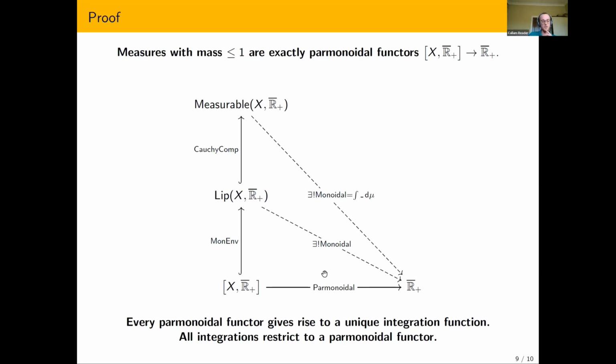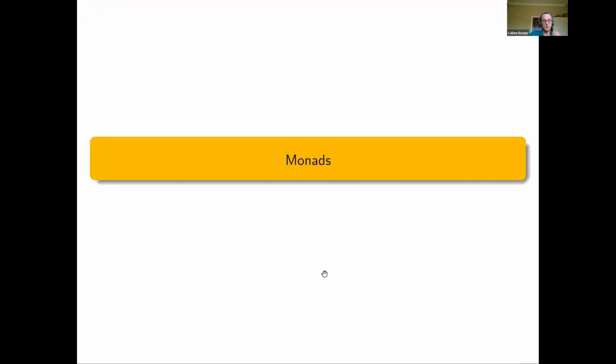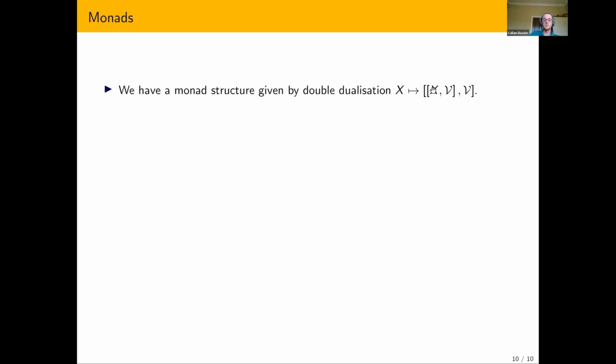And so I guess just to finish by talking about monads, of course, we started this construction by looking at these double co-appreciatives, so mapping some category to its category of co-appreciatives of co-appreciatives. And so this immediately comes equipped with some double dualization structure.